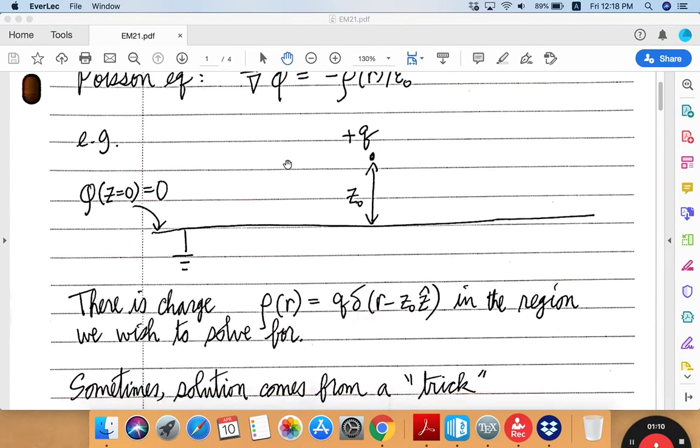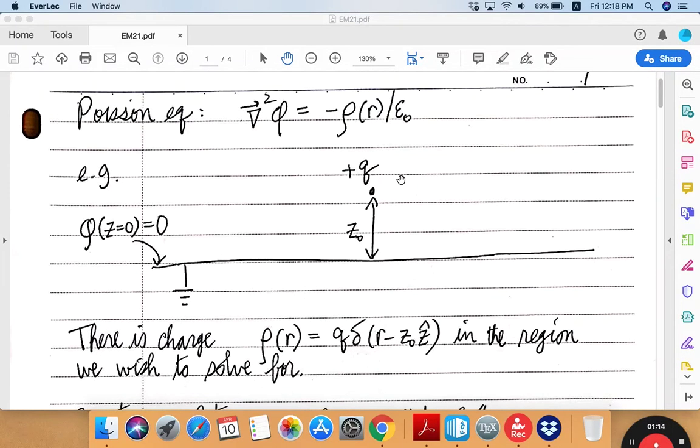And the case that I have in mind, and I want to consider spending a lot of time on today, is the case of a single charge sitting at a distance of z0 from an infinite conducting plate, which itself is grounded at the zero potential.